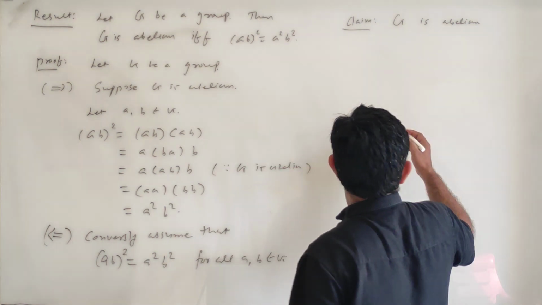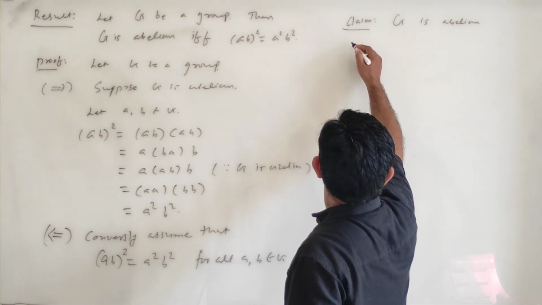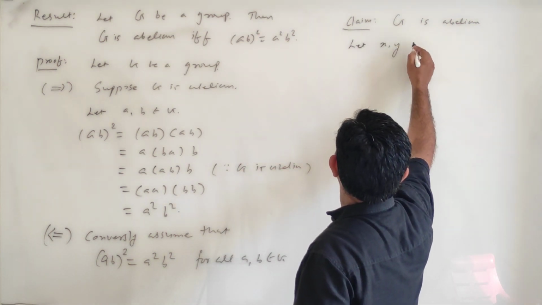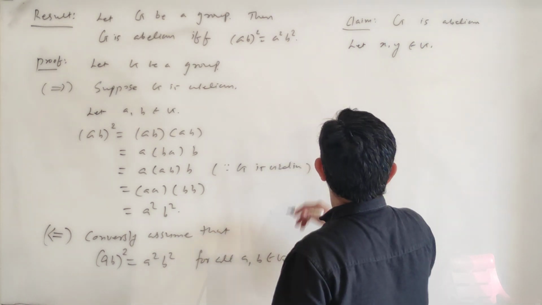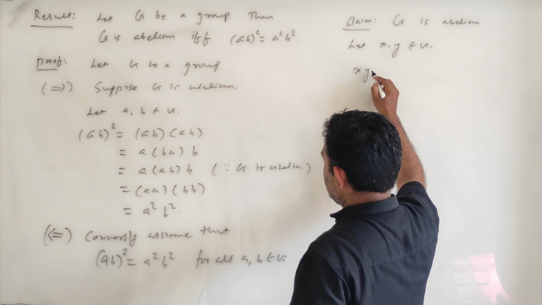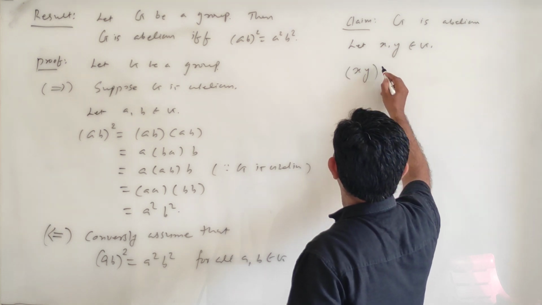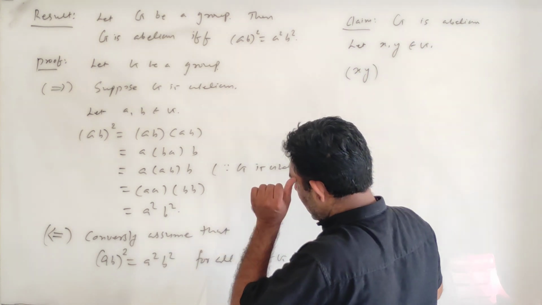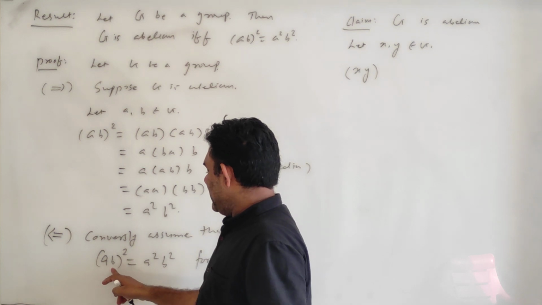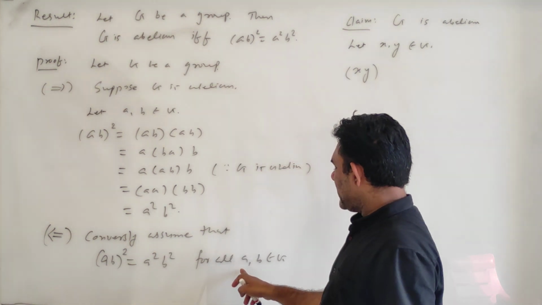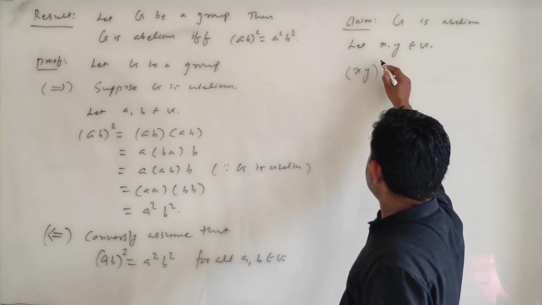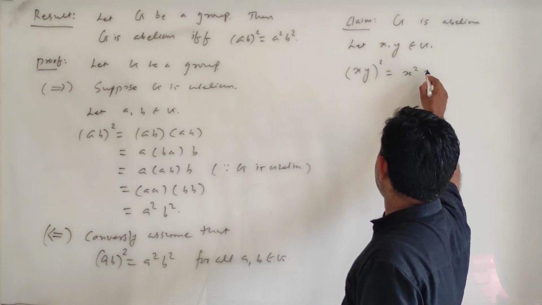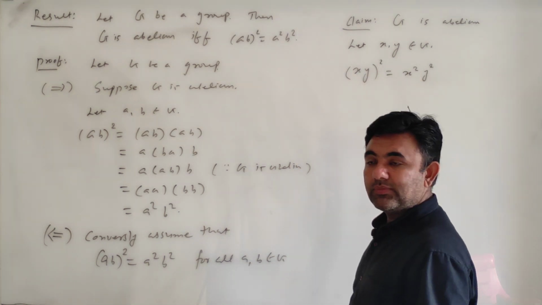Okay, so you take x, y belongs to G, any two elements of the group. So by assumption, what I have assumed, (ab) square is equal to a square b square for any a, b belongs to G. So I have x, y in G, so (xy) square will be x square y square.